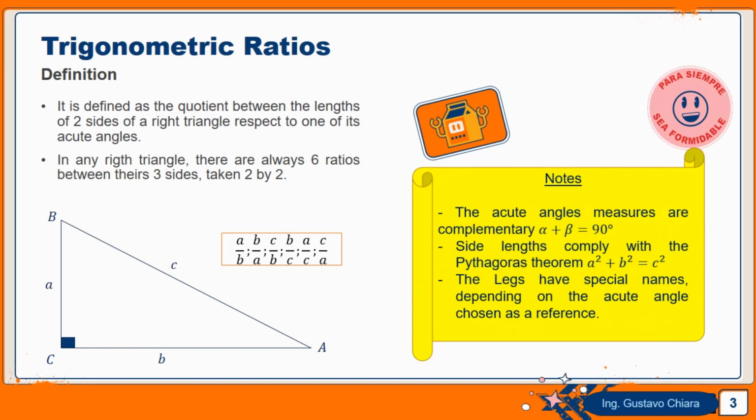Firstly, the acute angles are complementary. So it means that the acute angles alpha and beta add up to 90 sexagesimal degrees.